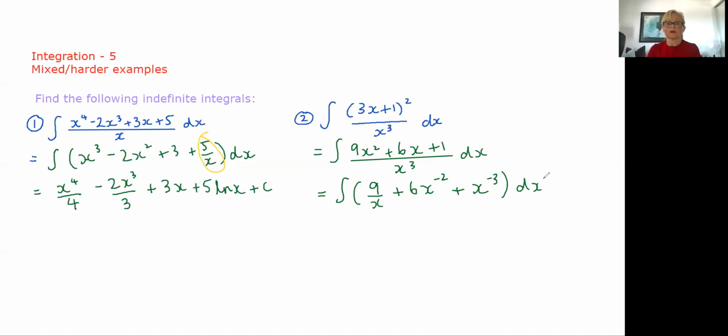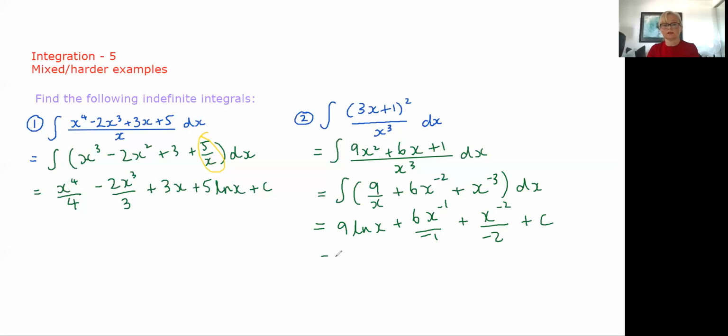Now, we can go through the normal process. Just remember here we've got 9 times natural log of x. We're going to increase the index by 1, divide by the new index, for the other terms.